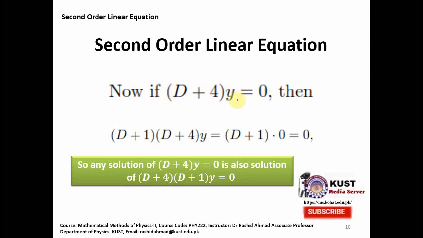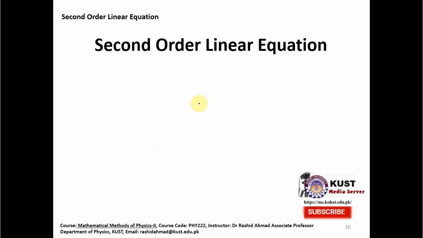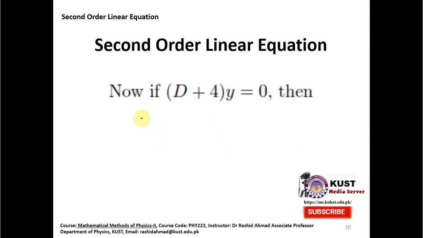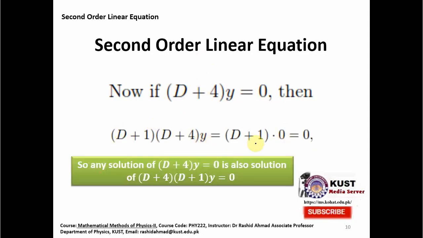If we solve this equation, which we have done here, and we know that d plus 1 into d plus 4 y is equal to 0, it means that any solution of this equation is also a solution of this equation, as I have written over here.